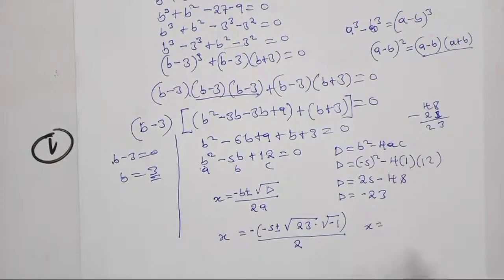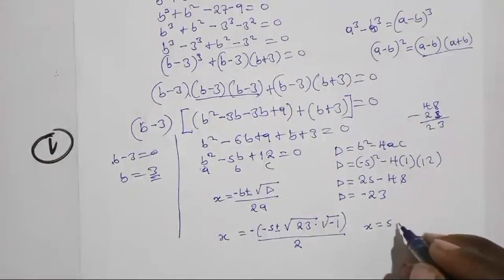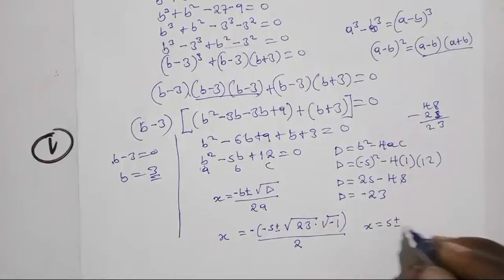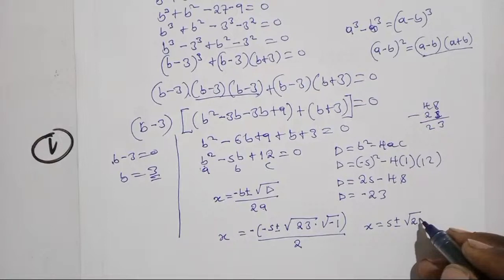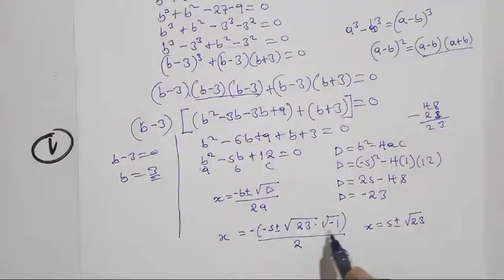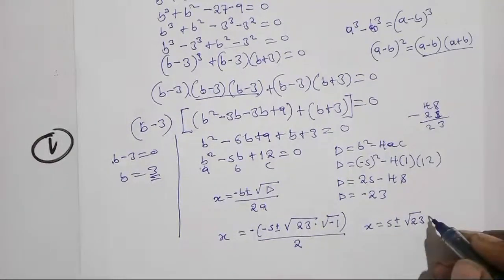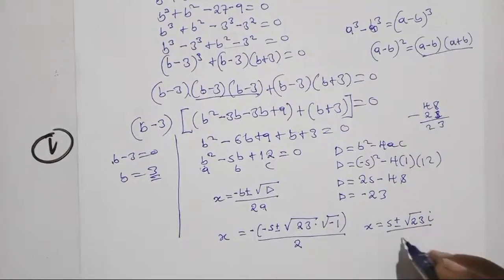In which x will be equal to minus times minus, it is positive. So we are going to have 5 plus or minus root 23, and the root of a negative, over 2.